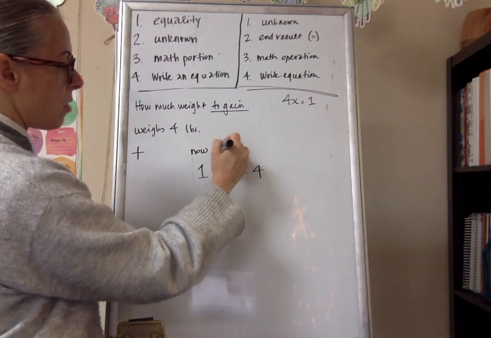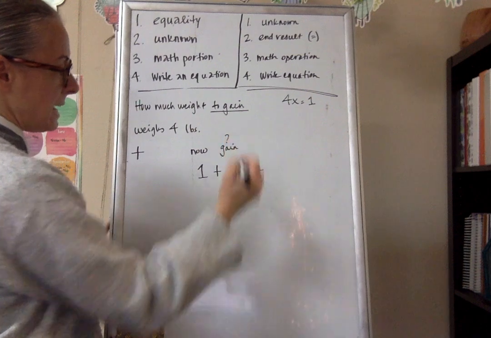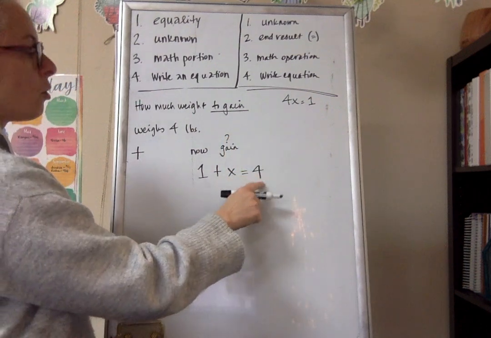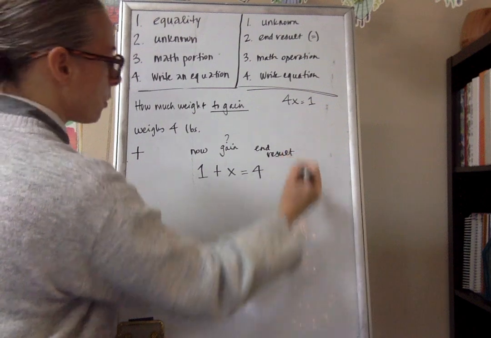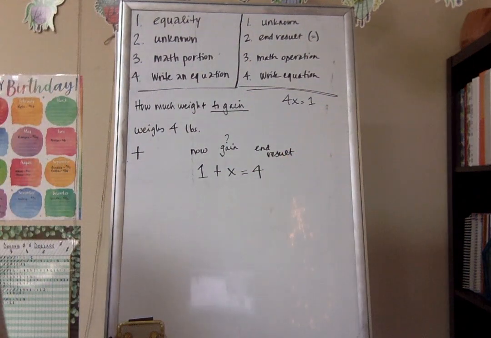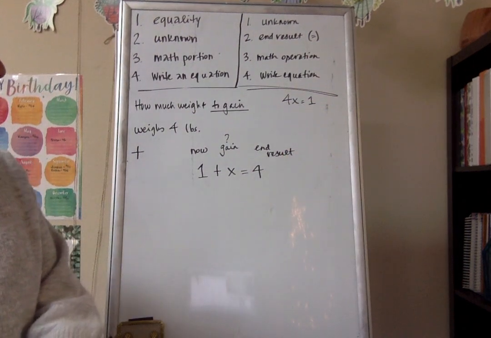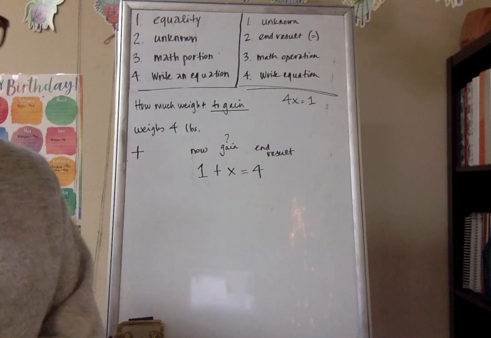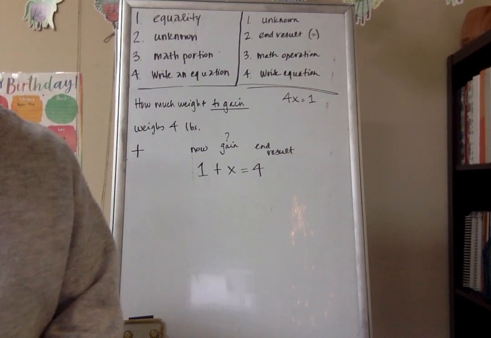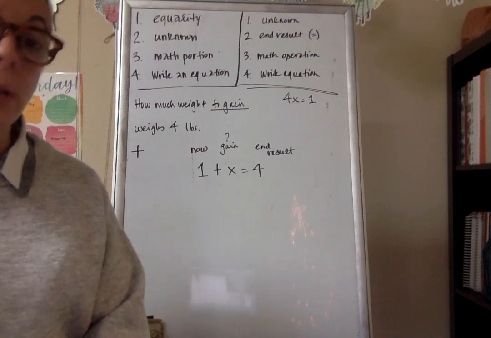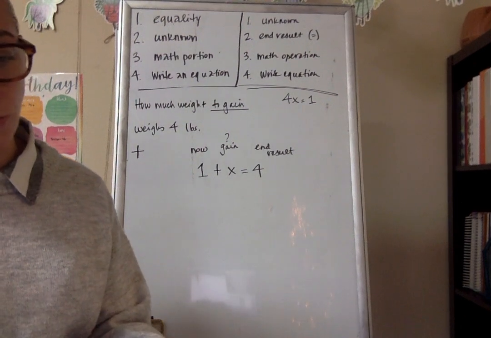X is how much it needs to gain to equal 4, which is going to be my end result. That's where I want to end up. 1 plus X equals 4. And that'll help me know how much weight this kitten needs to gain if it's going to be 4 pounds when it turns 16 weeks old.